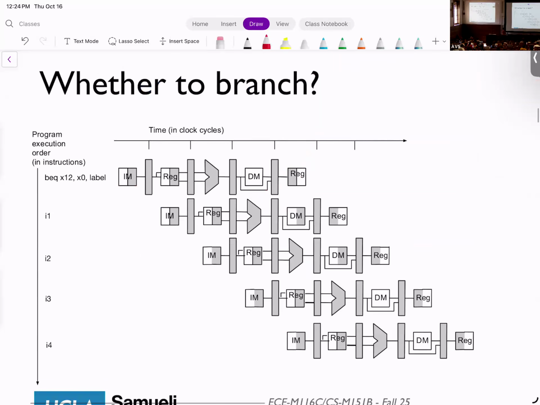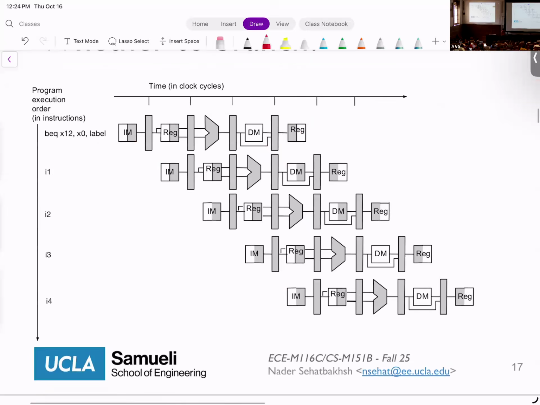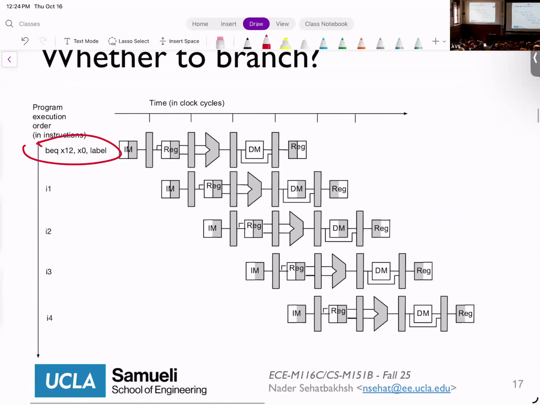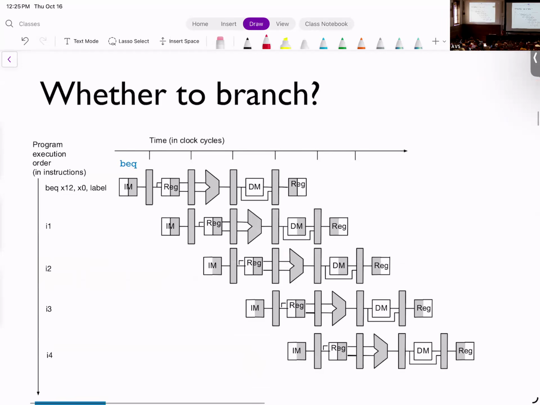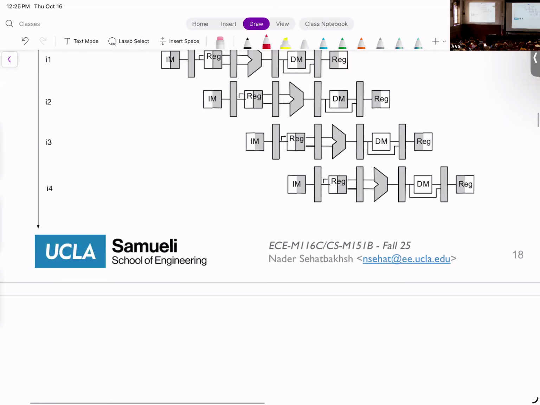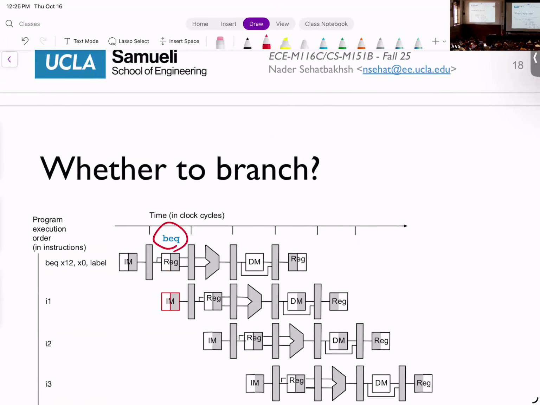Going back to our design, if I have a branch equal, for example, X12, X0, label, the branch starts from the instruction memory in the fetch stage and goes to the branch equal. Here, I cannot fetch the next instruction because I don't know the outcome of the branch.